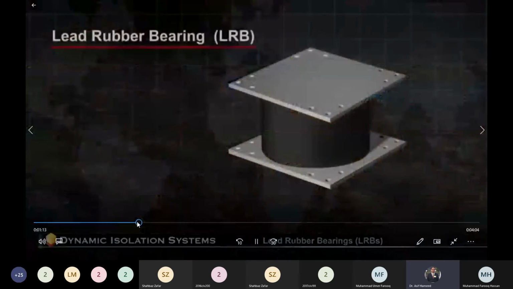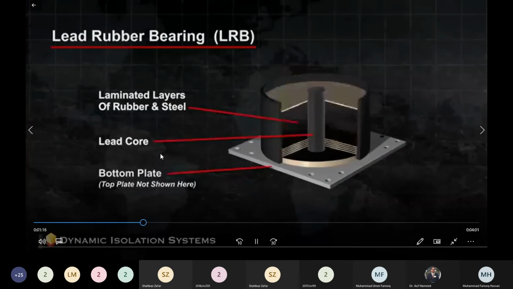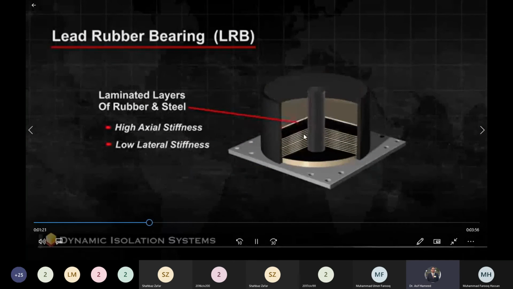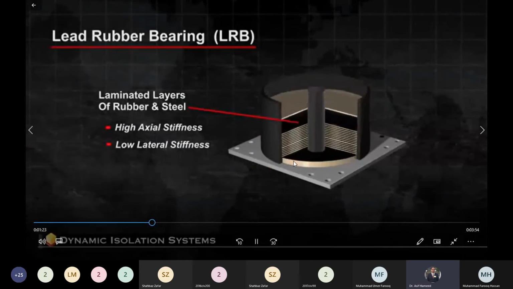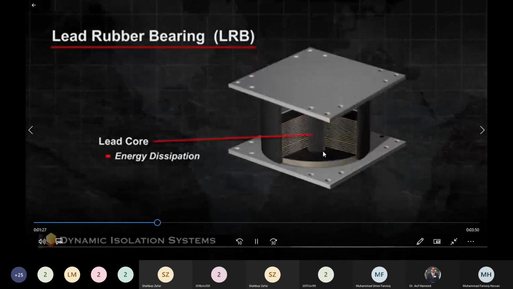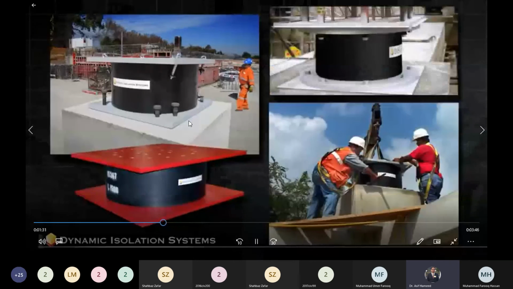I will upload it today. Okay, this one. This is important. We have alternate layers of rubber and steel. That's why it's very stiff in the vertical direction, but flexible in the horizontal direction. Additionally, we can use lead rubber in the middle to increase the damping in the system.